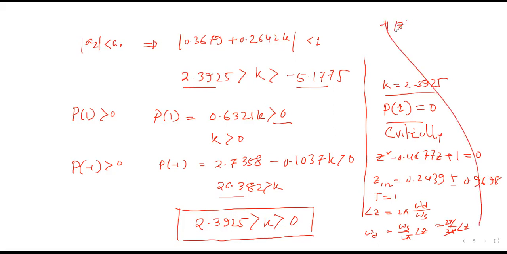The angle of z will be tan inverse of 0.9698 by 0.2439. So that is our oscillation. If you work it out, you are going to find 1.3244 radian per second is the frequency of the sustained oscillation. Okay, so this is all about the Jury method.